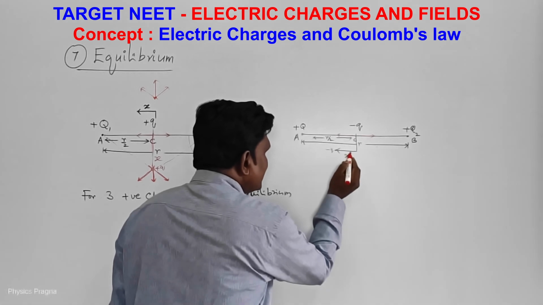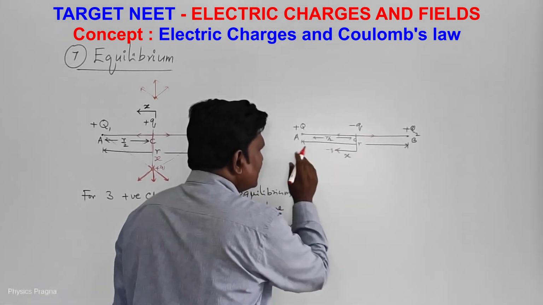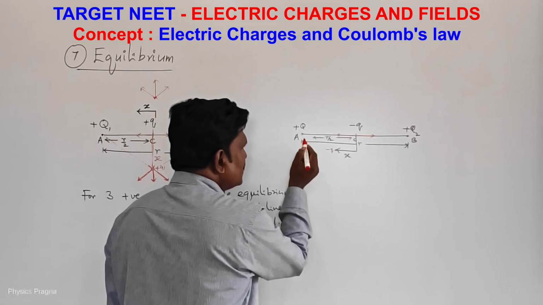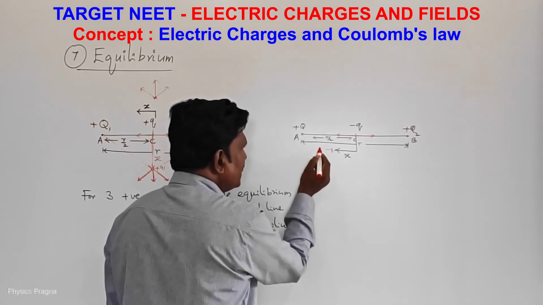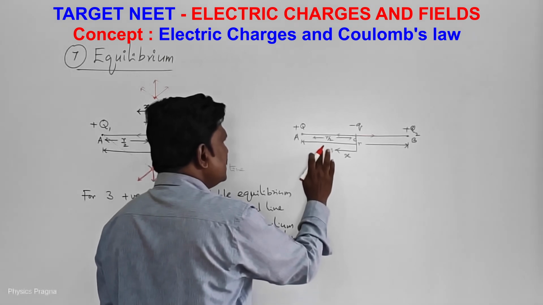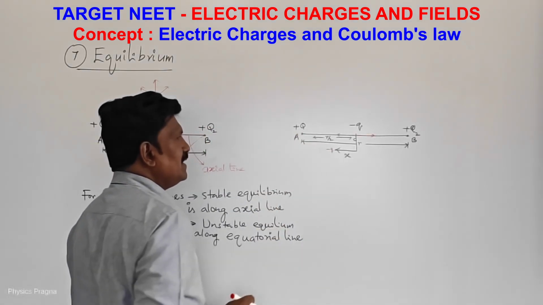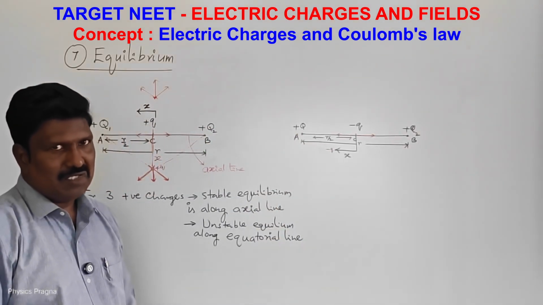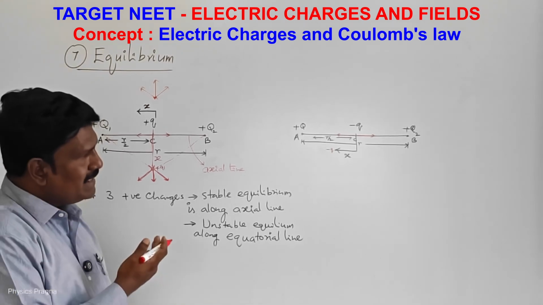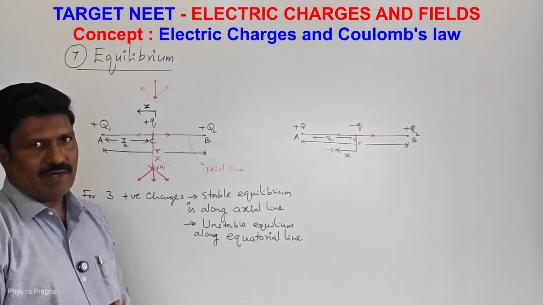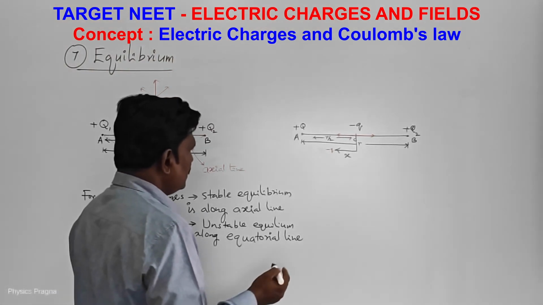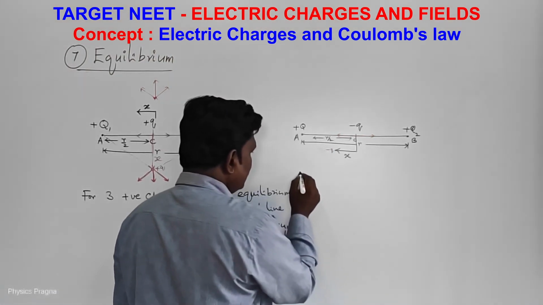So when you disturb this equilibrium along the axial line, the distance between this minus q charge and plus q charge became less, so more attraction force is there. So this minus q will come onto the plus q. If it is not returning to its previous position, that kind of equilibrium we call an unstable equilibrium.